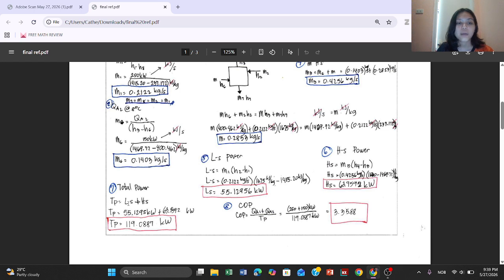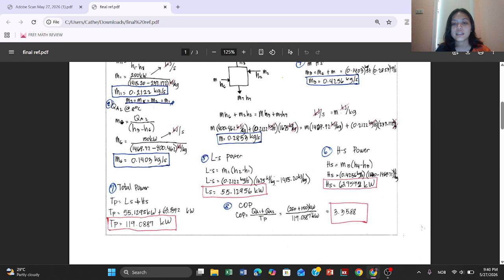Next, we need to get the total power. The total power will be the combination of the low stage power and the high stage power. So low stage power plus high stage power is equal to 119.0887 kilowatts. And lastly, we can now get the COP value. The formula for COP is the summation of all the refrigeration capacities of the evaporators over the total power of the system.